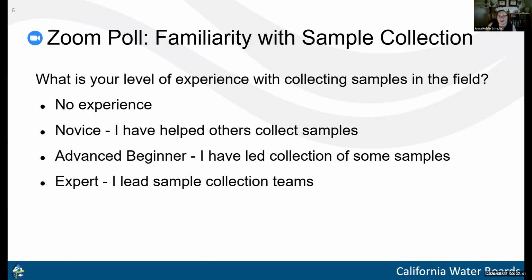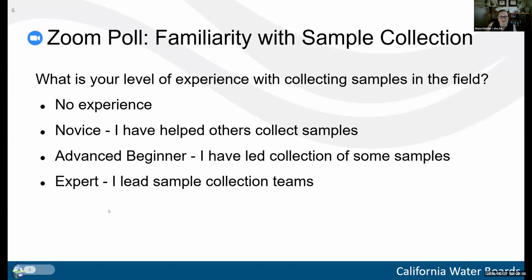And then we've got 44% of experts in the room. So loving that mix of experience, and hopefully we can learn from one another as we dive into our sampling methods, but maybe you might use different methods that you want to share with the rest of the folks here.